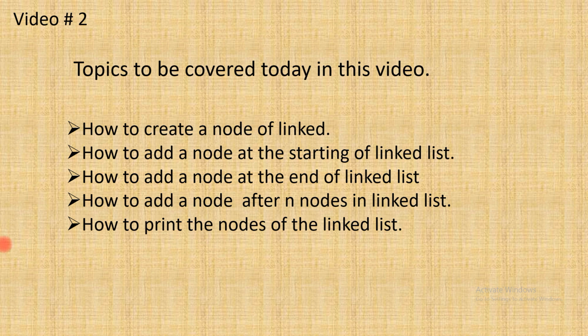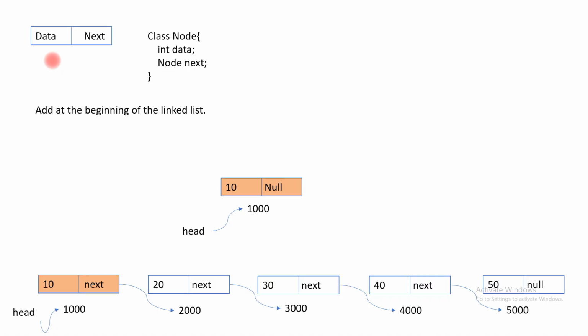The first topic is how to create a node of a linked list. So what is a node in a linked list? In a linked list, the node can be divided into two parts. One will hold the address of the next node and the other will keep the data of the node. Now the data can be one value or can have multiple values in it.